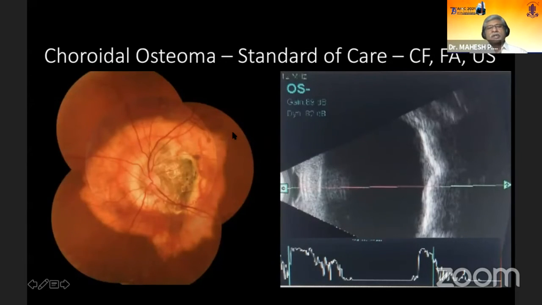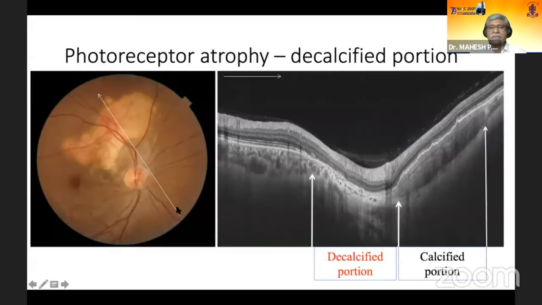Another choroidal tumor is the choroidal osteoma. Standard of care is color photograph, fluorescein angiogram, ultrasound, and CT scan, which can help us confirm the diagnosis. The OCT is not really required to confirm the diagnosis, but what it tells us is it defines the areas between decalcified and calcified portions. Why is it important? Because in decalcified areas, the photoreceptors are atrophic.